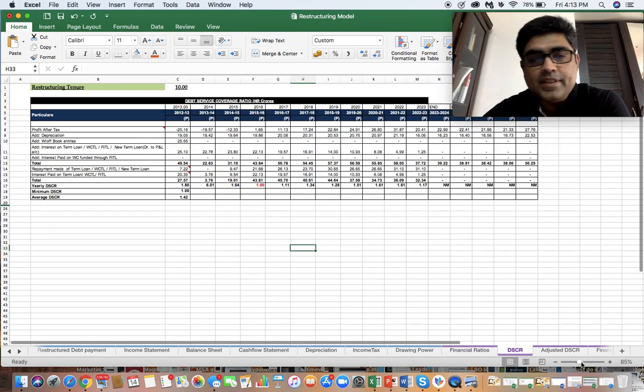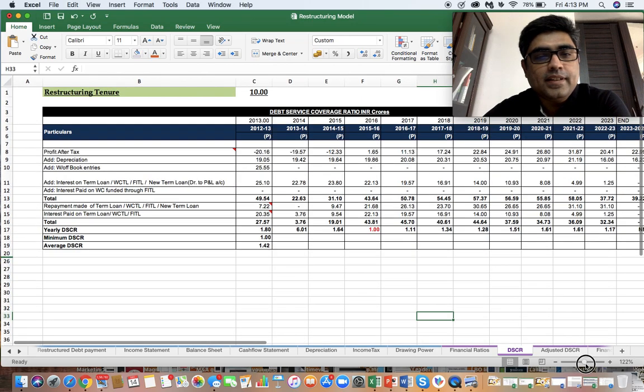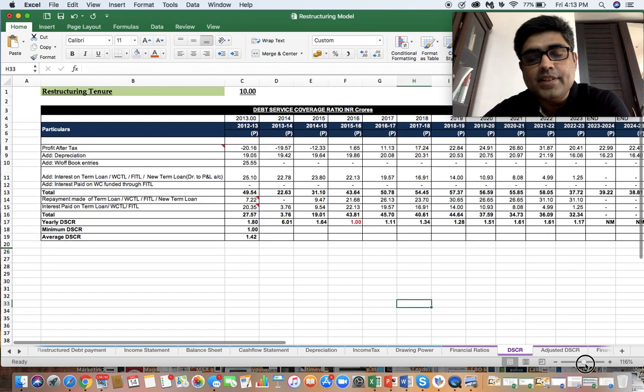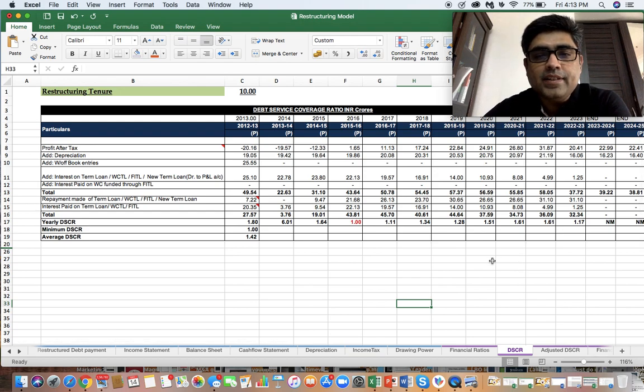Over here we get to see the DSCR calculation. The DSCR, as we understand, is debt service coverage ratio. It's a very important piece of financial calculation which is looked after by the financial institutions to get a sense of whether they are safe in realizing the money which they have extended to the company.